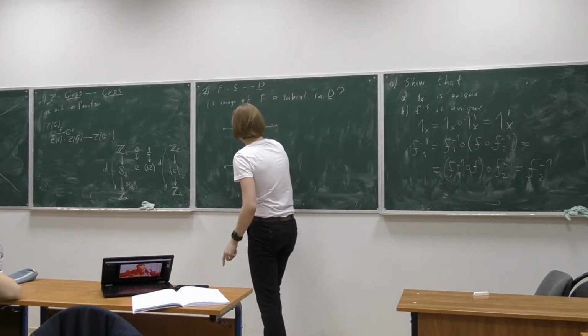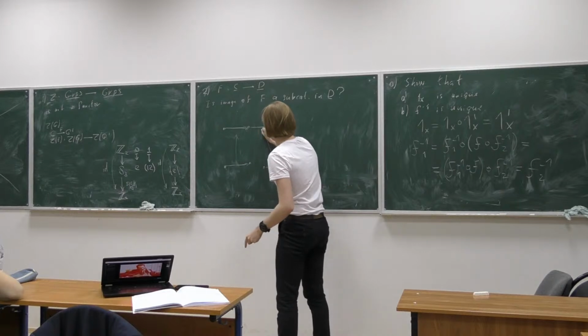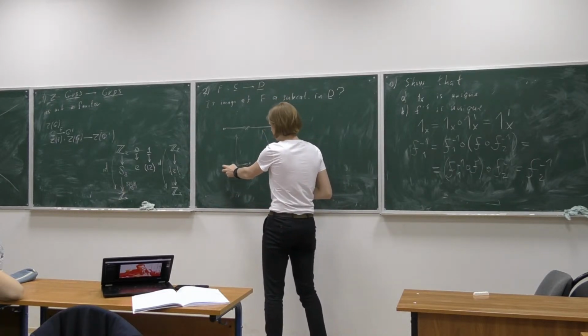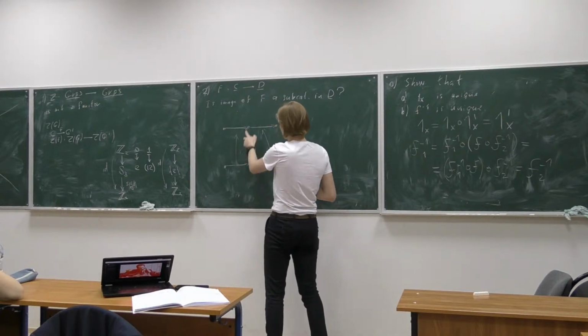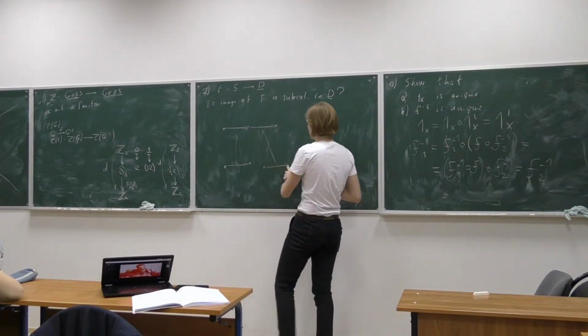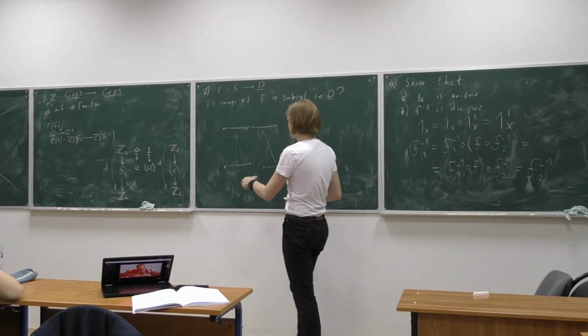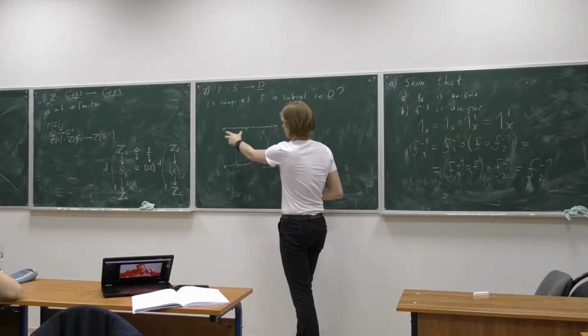We send this object to here, this object to here, this object also to here, and this object to here, and identities go to identities, and these arrows go to this.